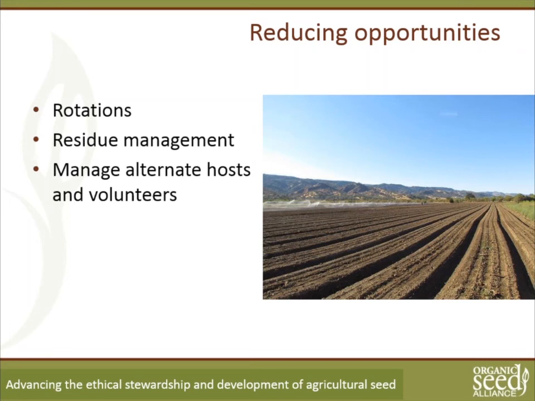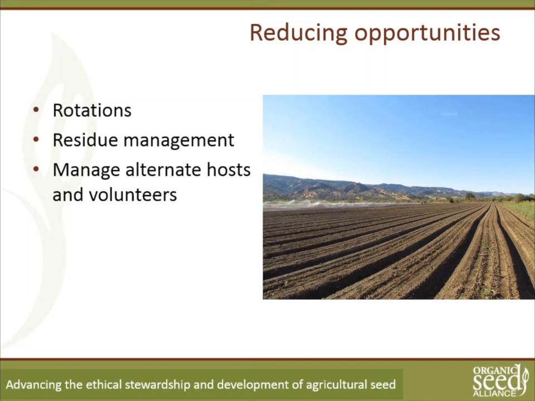Shannon may talk about this concept later, but an important thing to think about when we're talking about all of these things about rotations, residue management, alternate hosts and volunteers is this goal of eliminating what's known as a green bridge.